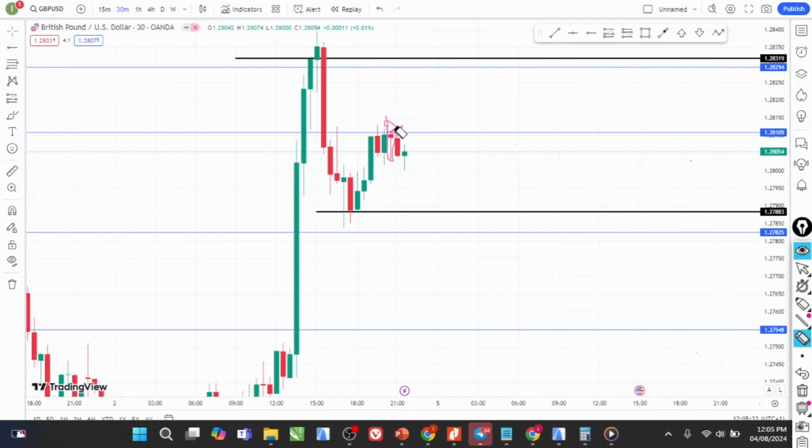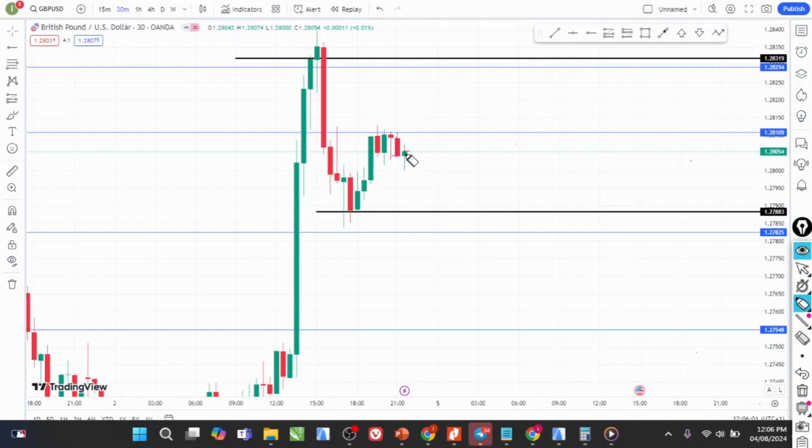But we all know that this is a strong rejection candle pattern. Then look at the next candle. The next candle came out indicating a very strong bearish move. Now it closed bearish without leaving a wick at the bottom. The next candle opened and closed bullish.